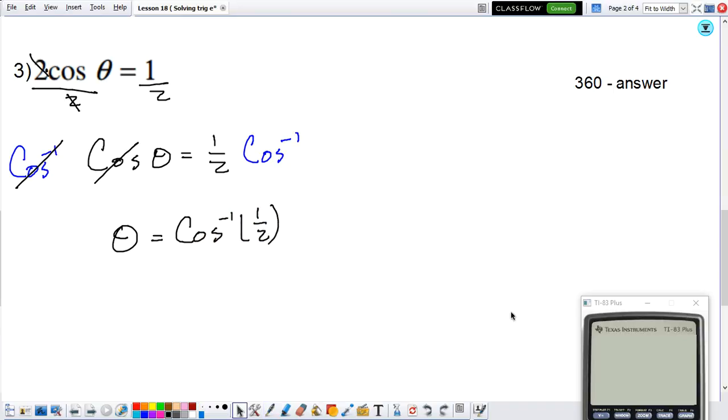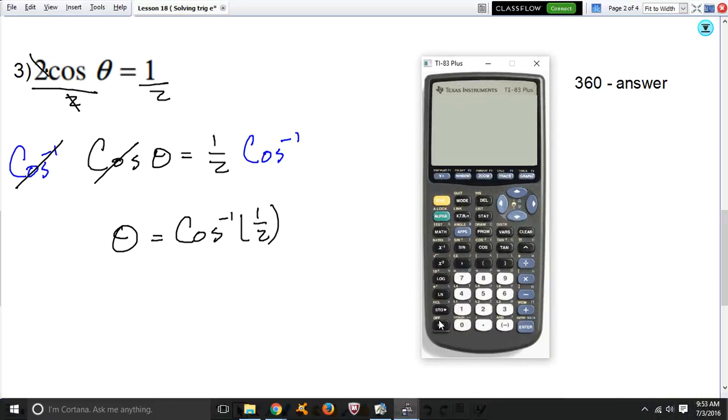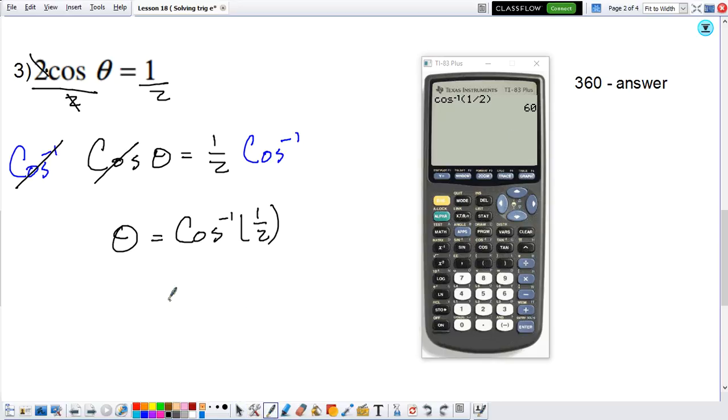So let's check what the numerical value for that is. We use cosine inverse of 1/2. So that's going to give me 60 degrees. So we know that theta is equal to 60 degrees.